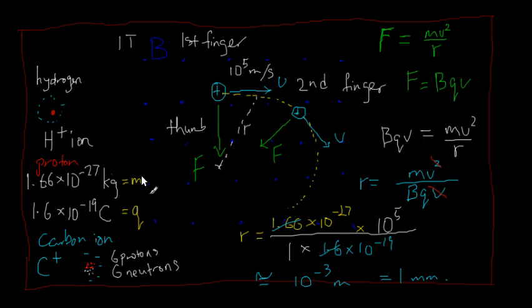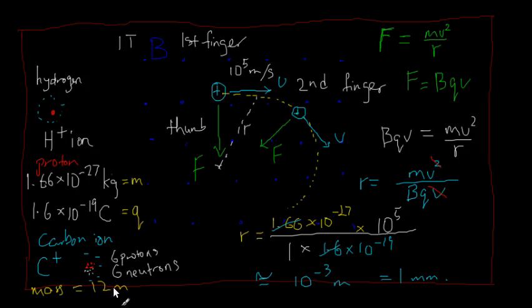So this means that the carbon ion would be 12 times heavier than a hydrogen atom. If the mass of the hydrogen ion is m, the mass of the carbon ion must be 12m.